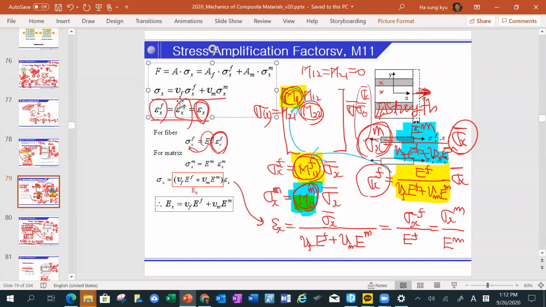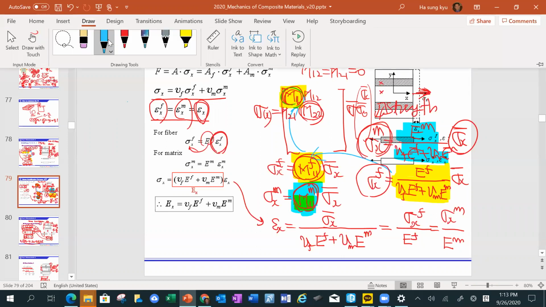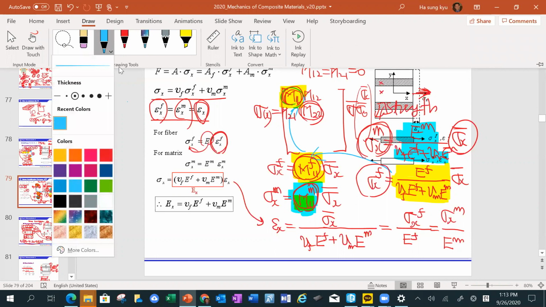From these two equations and also a constitutive equation, let's see here.